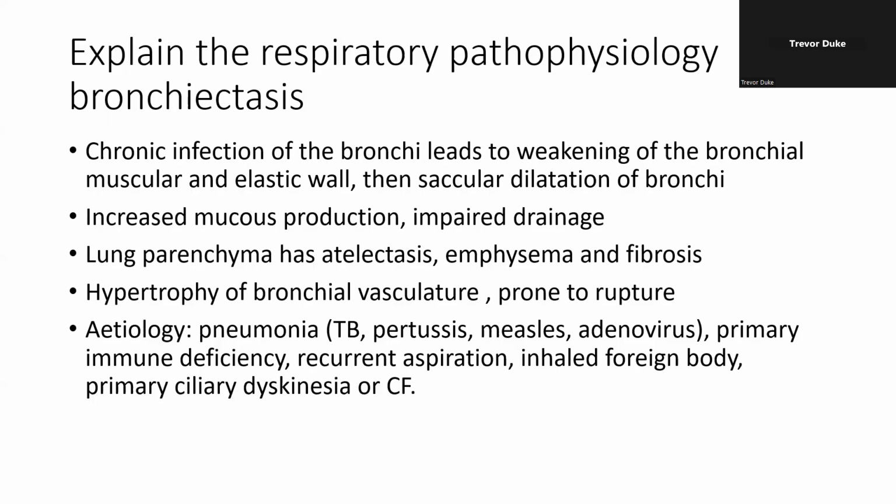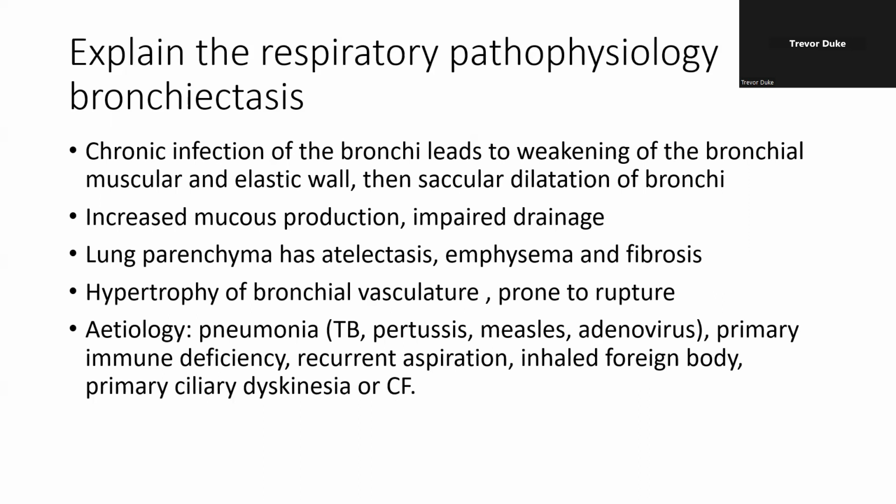It's because of the inflammation or hypertrophy of the bronchial vasculature. But the first three things are the most important. Weakening the bronchial muscle and elastic wall, saccular dilatation, increased mucus production, increased inflammation, and cilial damage and impaired mucus clearance.